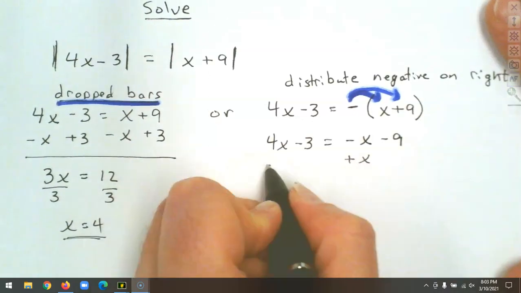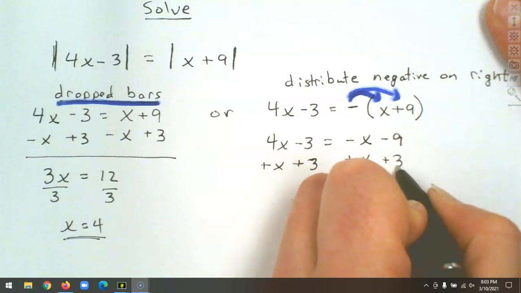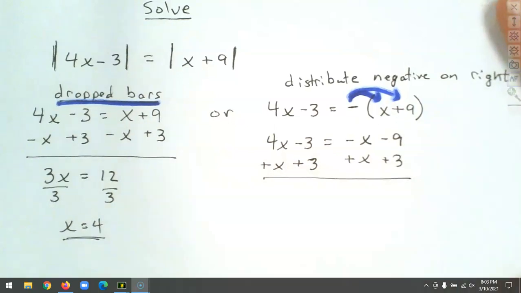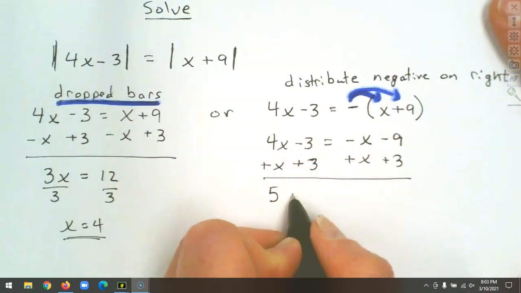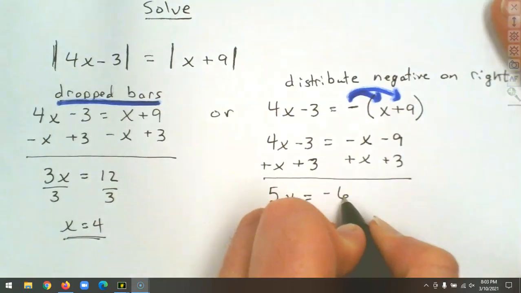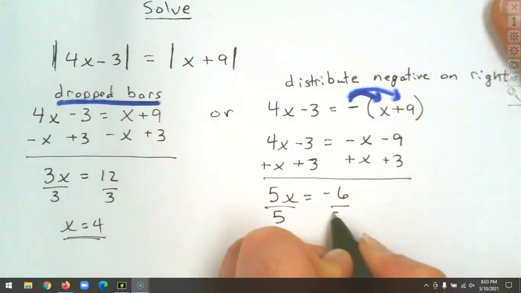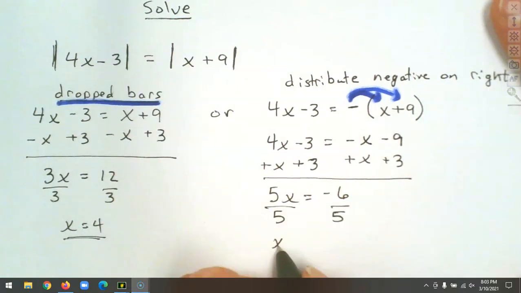We'll add the x over, and we'll add the 3 over as well. That gives you then 5x on the left and a negative 6 on the right. Divide by our 5. And our solution is then minus 6 fifths.